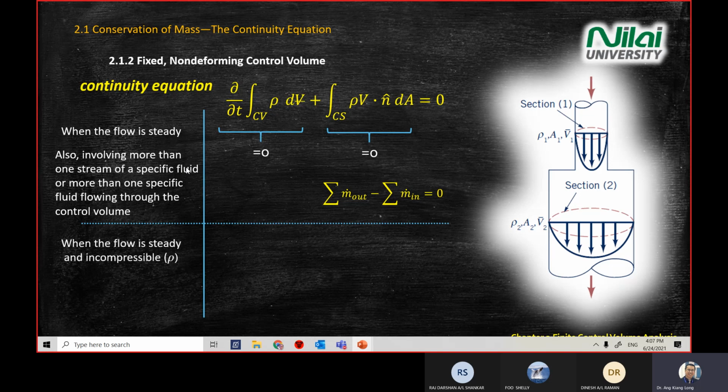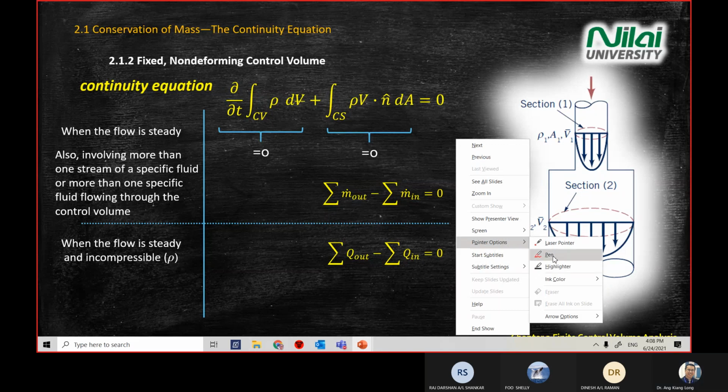Now what happens if you have a steady flow, however you add one more word in the question, or you assume that the flow is incompressible? Then you can take out the rho, and the m dot will become Q, because m dot equals rho AV.